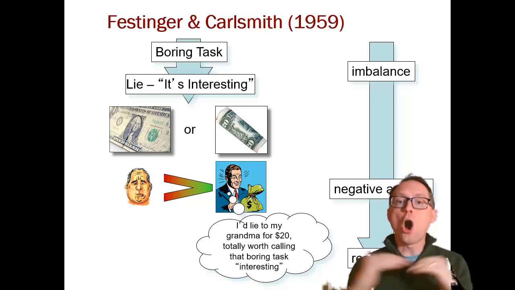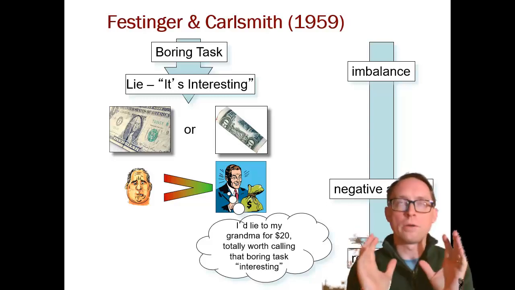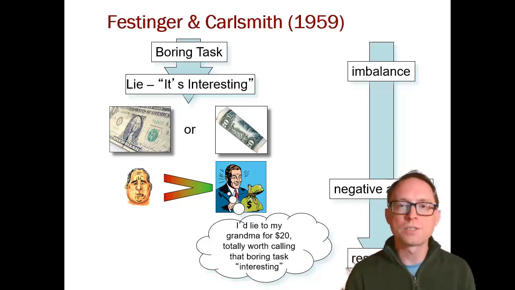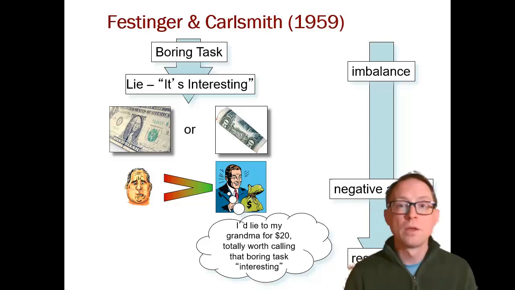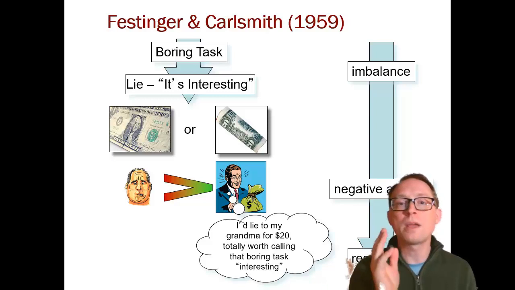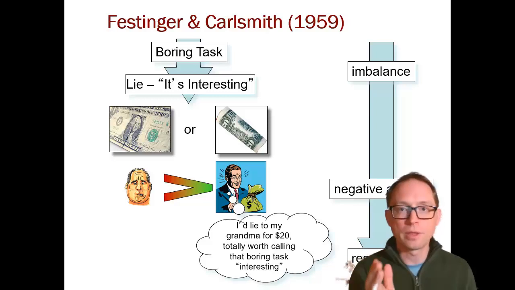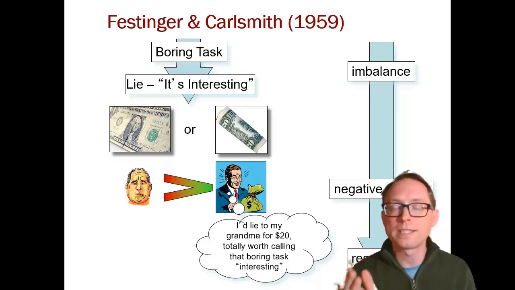In all of the studies involved with cognitive dissonance, the really interesting part is how you resolve the dissonance. You might say, the people who only got $1 actually liked this task more. That sounds funky and weird. The reason is not that they liked a boring task better for $1.